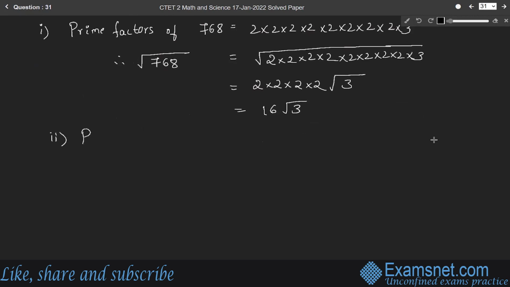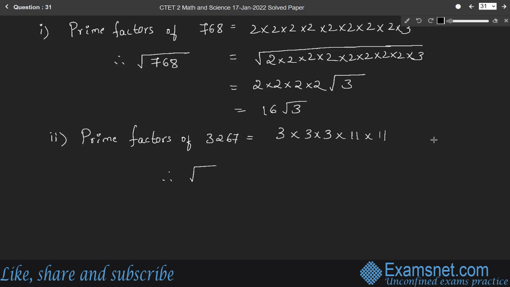So the second number is 3267. Prime factors of 3267 are 3 into 3 into 3 into 11 into 11.